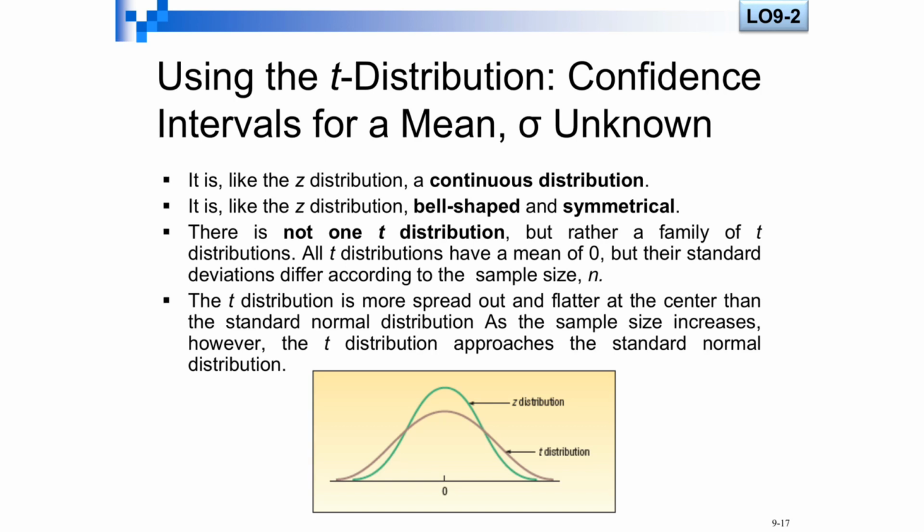But the T is a family of distributions because it's affected by the sample size, and for each sample size we have, of course, one graph. The value that you want to find from the table requires the degree of freedom. The degree of freedom is n minus 1. So if n is 10, the degree of freedom is going to be 9, right? Whatever n you have, minus 1 is your degree of freedom.